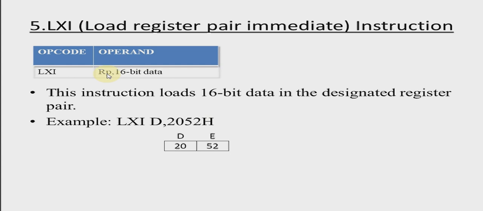The BC pair is denoted by B, the DE pair by D and the HL pair by H. So if I write LXI D 2052, what does it mean? D means I am talking about the DE pair here. So the D register will be loaded with 20 and the E register will be loaded with 52.